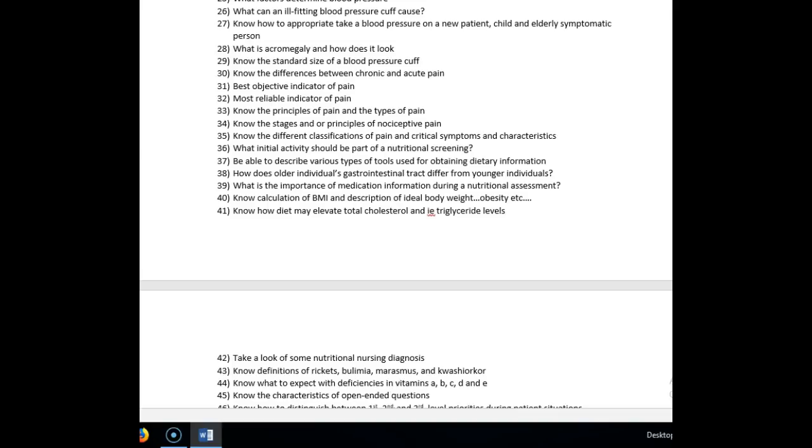So there are things that may impact somebody nutritionally. For instance, if a person is having some type of gastrointestinal symptoms such as vomiting, diarrhea, or constipation, that might interfere with how they absorb food. That may interfere with how healthy a person is getting along.